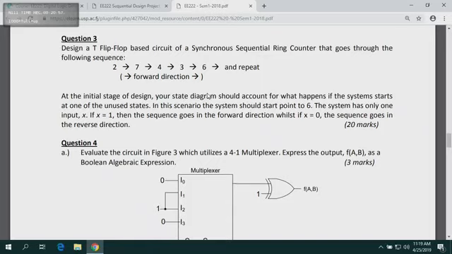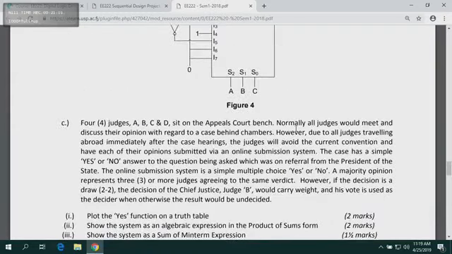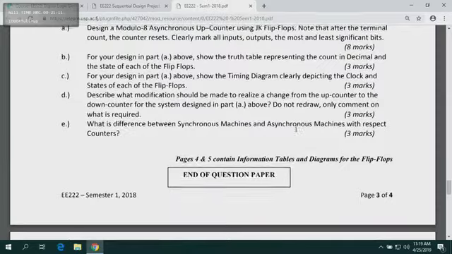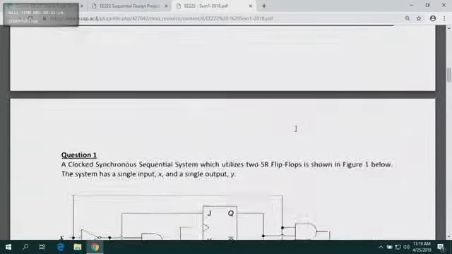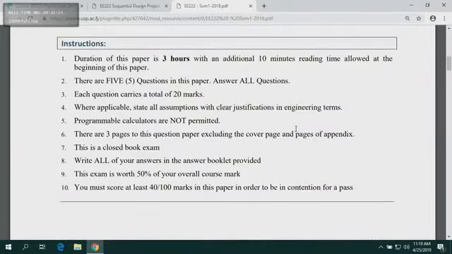From the truth table, we did the characteristic table, and from it we got the equation. Also from the characteristic table, we got the excitation table. Now, we'll do that for JK and T next week. For now, we'll move in and have a look at a few important points.